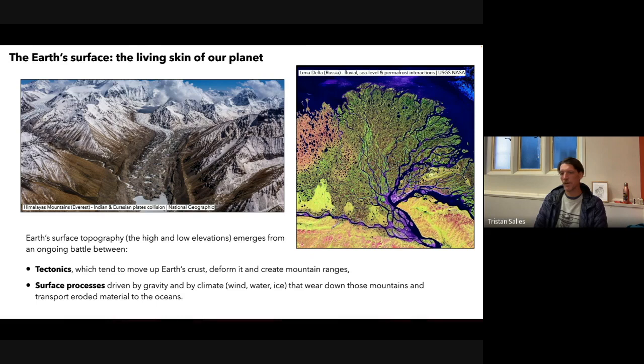An example of the most distal terrestrial environment you will find would be big deltas that form at the mouth of main rivers. You've got an example here with the Lena Delta in Russia.